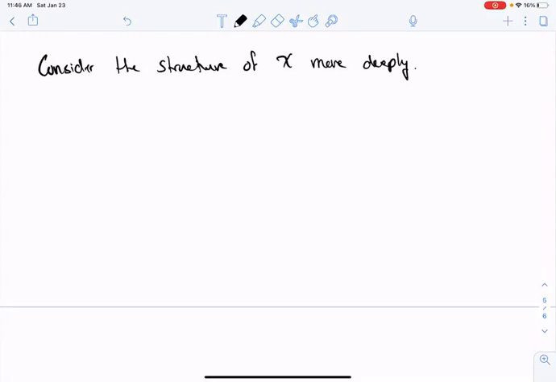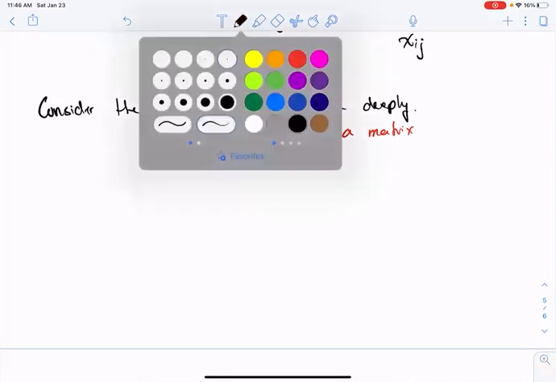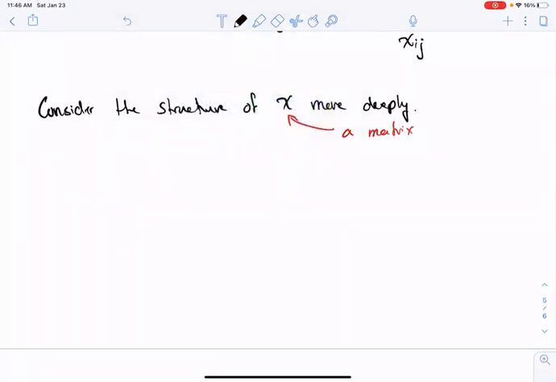Okay, so first, chi ij, there's two indices, so chi is a matrix, which means that its inverse is not trivial to compute.